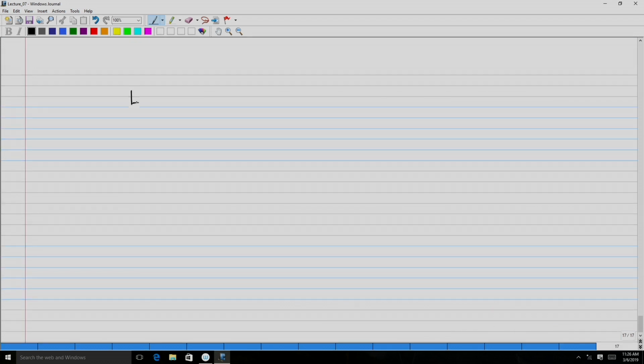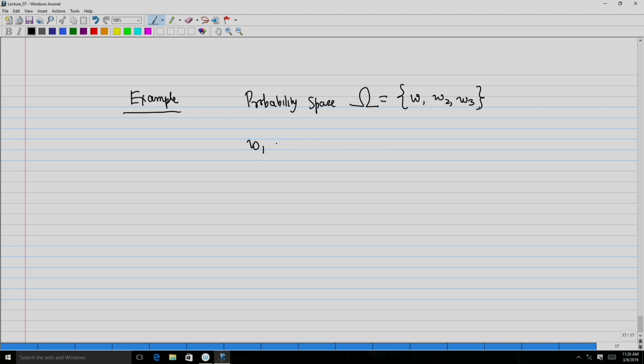All right. So, finally, we come to one last example. Let us consider the probability space omega with omega 1, omega 2 and omega 3, where, as I had mentioned earlier, these are going to be the states of economy.